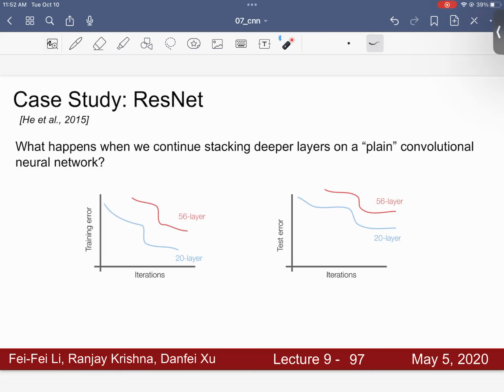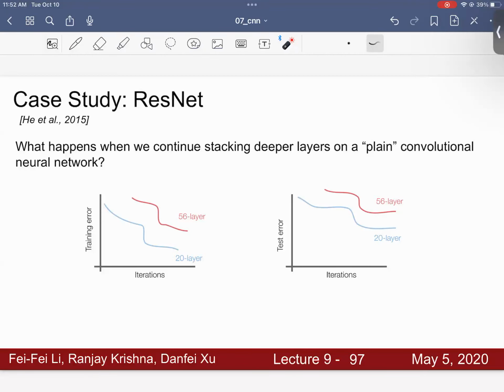Here you can see that this is your training error, this is your test error, and this is your 20-layer architecture, this is your 56-layer architecture. Gradient vanishing. That wasn't a question, but sure, if you want, you can answer.